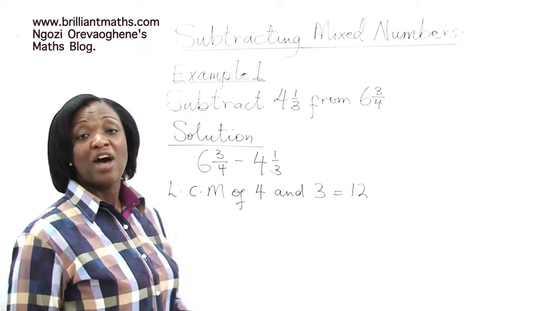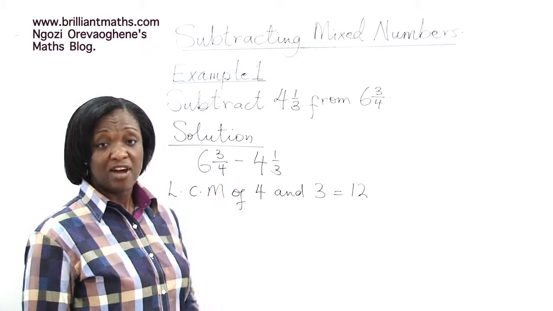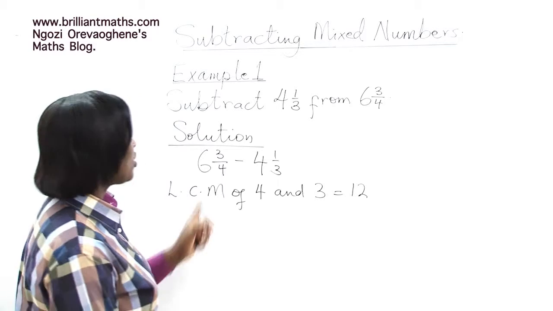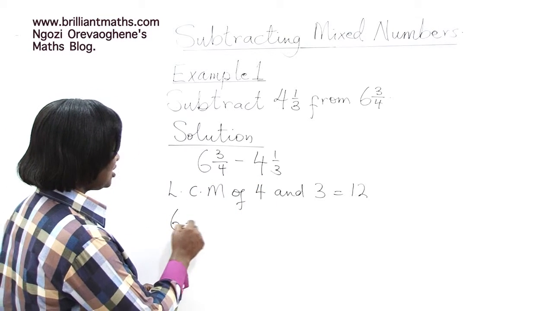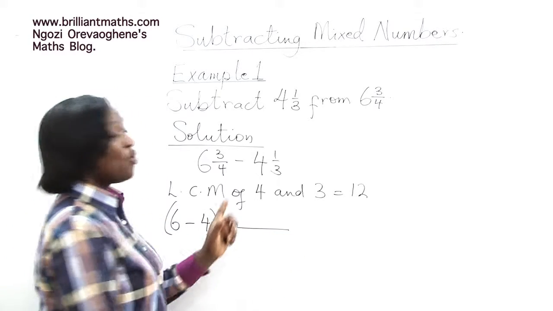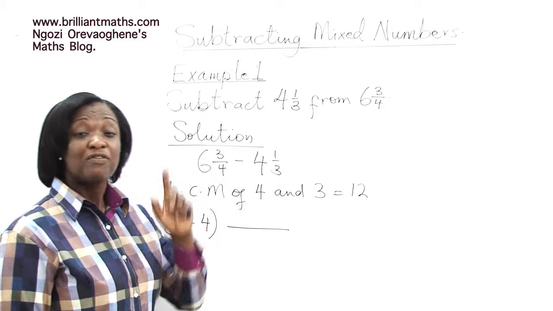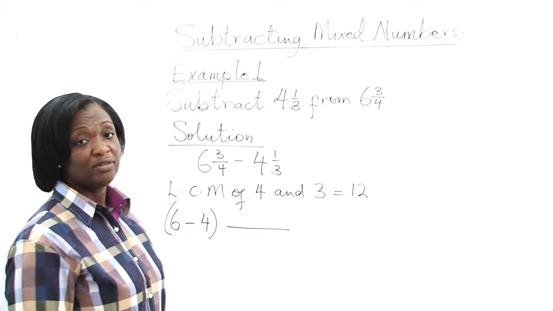That means that 12 is the smallest number that 4 and 3 can divide without a remainder. So the next step, we're going to subtract the whole number part, 6 take away 4. And then we're going to write 3/4 and 1/3 as fractions with the denominator of 12.